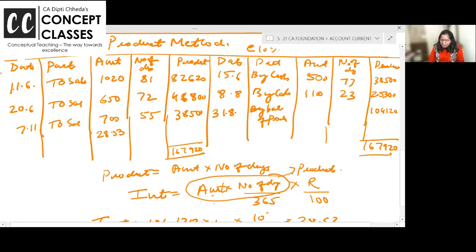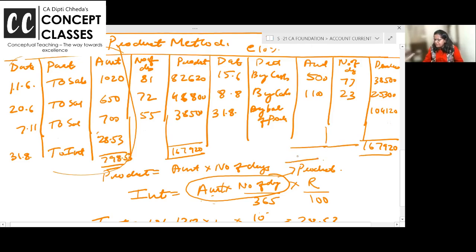This is only your problem; that is a working note. So on 31st August, you pay me interest also, 28.53, and do the total. Sorry, total is 2398.53.